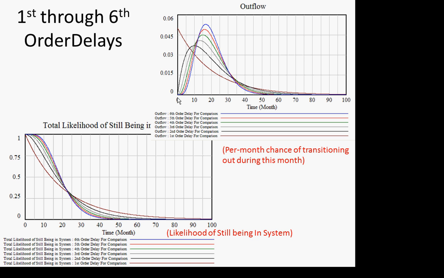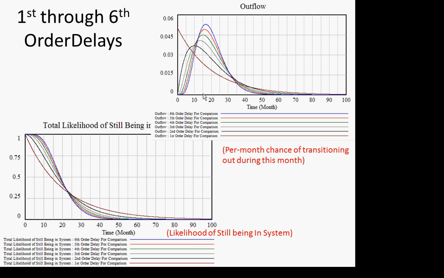Okay? The more and more delays you get strung together, as long as we keep the total time constant, as long as we're adjusting the time of each sub-delay, so if we have k delays in a row, we have time for each of 1 over k, so you come out in time 1 total. So we're keeping constant the amount of time. It gets closer and closer to an impulse.